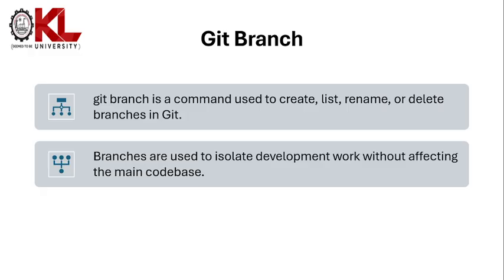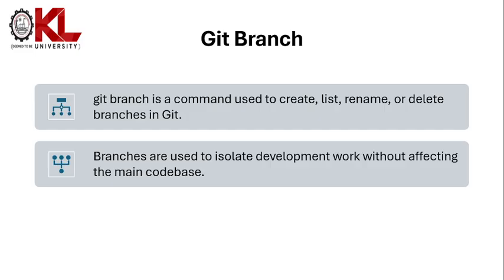Let's start with the branch concept. The git branch is a command. This command is used to create a branch. Here we can create a branch, delete, rename, and list the branches. So it is a separate line of development in the Git repository.